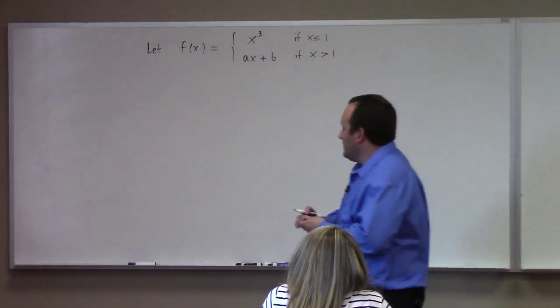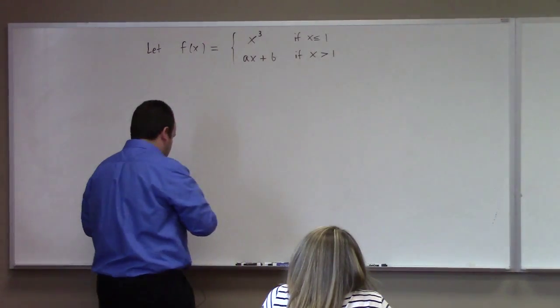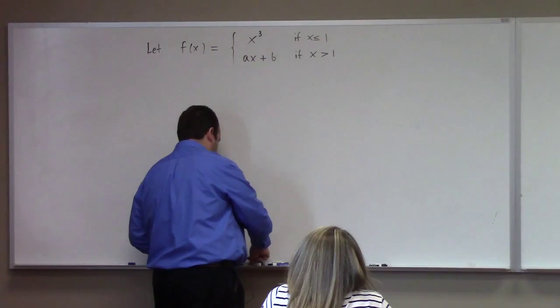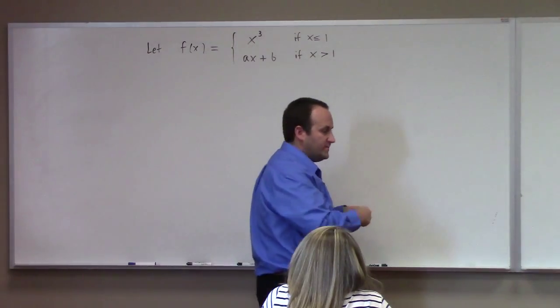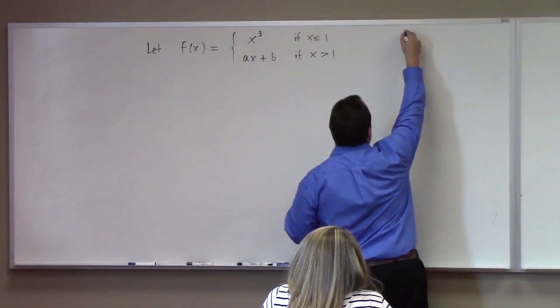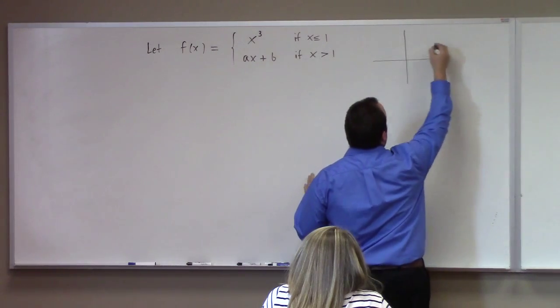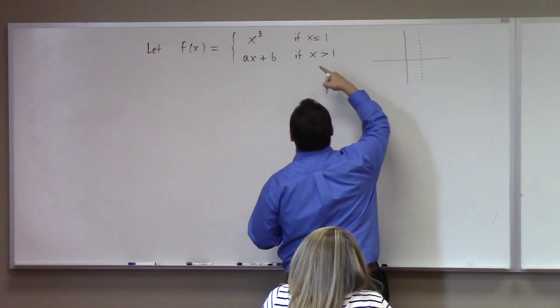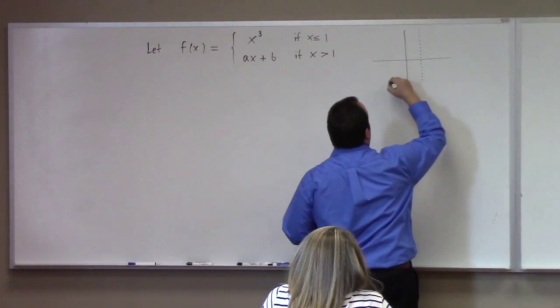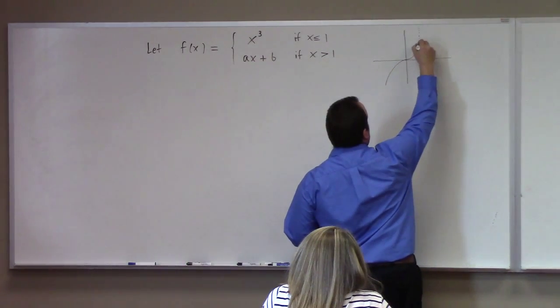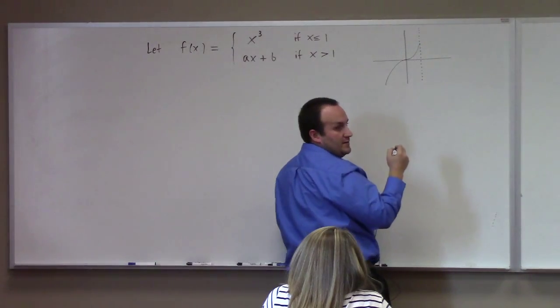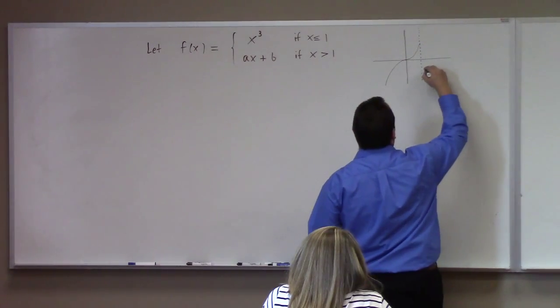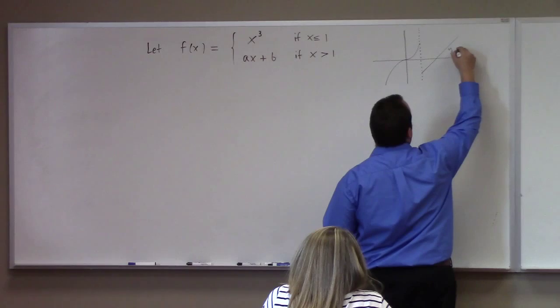So, what would this generically look like? Before we do any formal calculations, do you know how to graph what's going on here? We've got a cubic, right? y equals x cubed looks something like this. That's a standard cubic. And then we've got a line, which would be like this, generally speaking.